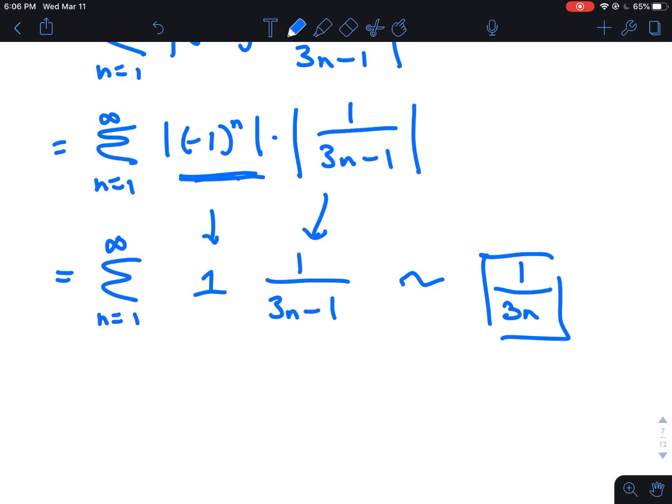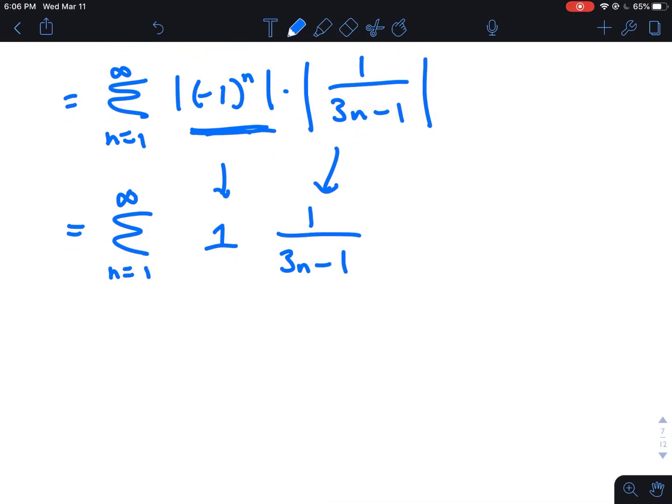So let me go ahead and write out some more formal work. That's our idea here, that I want to show that this is similar to maybe 1 over 3n. So I'm going to compare with 1 over 3n. And the way that we do this is with the limit as n goes to infinity of our a sub n's, so 1 divided by 3n minus 1, divided by our b sub n's, the thing that we're actually comparing with.